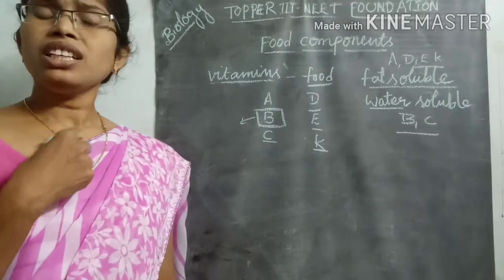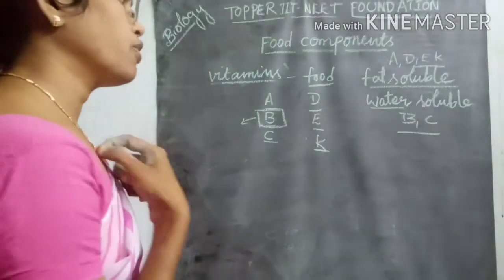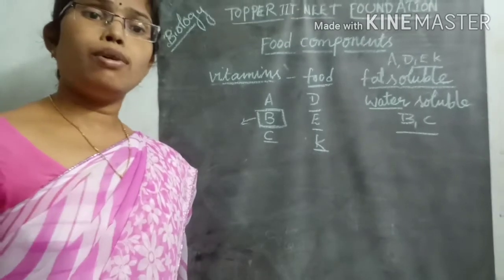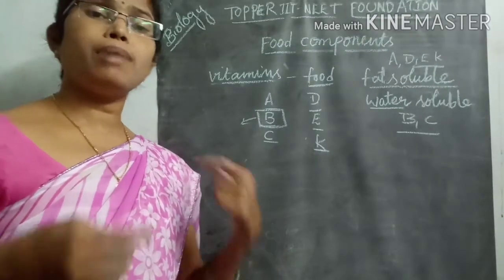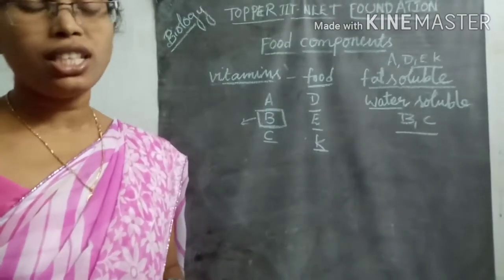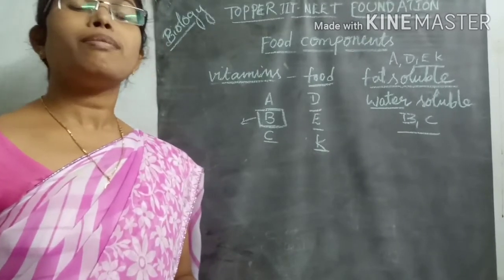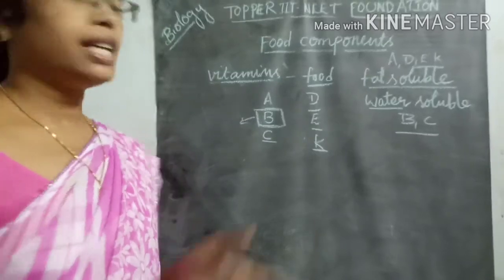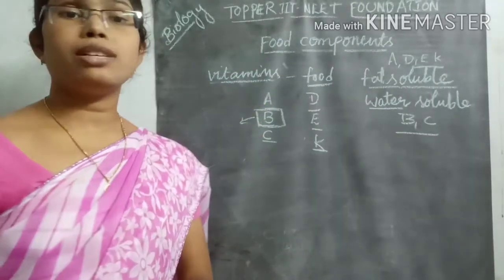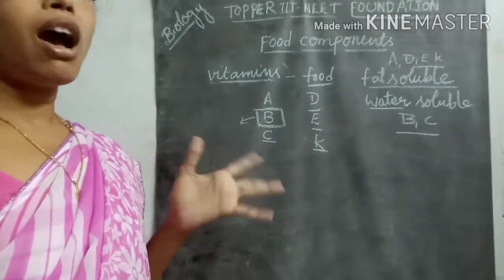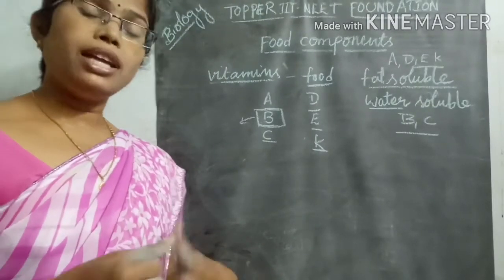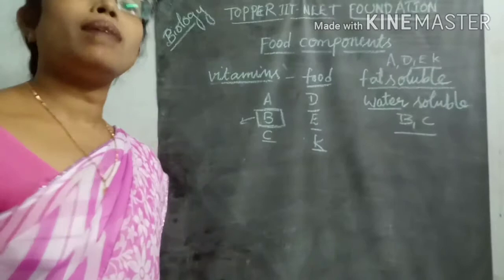These vitamins are very helpful for making our eyes, bones, and whatever body parts are present in our body, and the regulation of the metabolic activities in our body is maintained by these vitamins. So vitamins are not synthesized in our body; they are obtained through food or through bacteria.